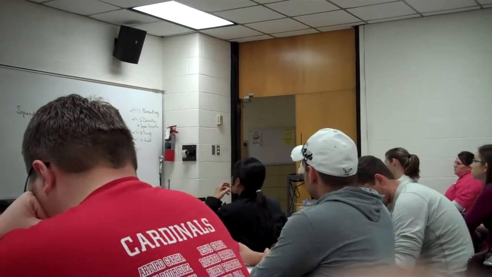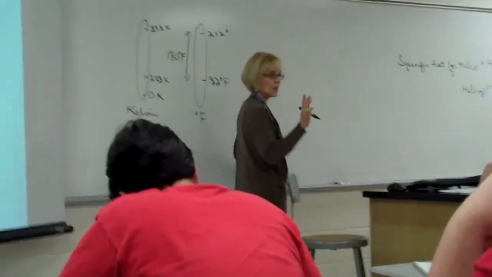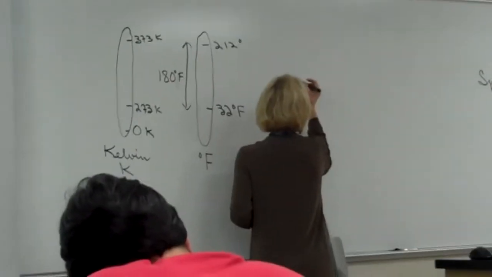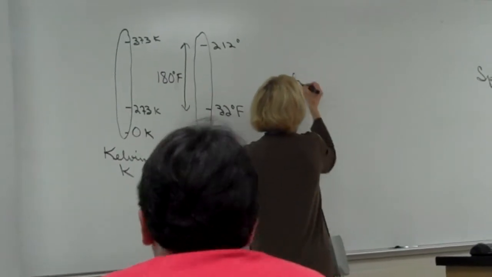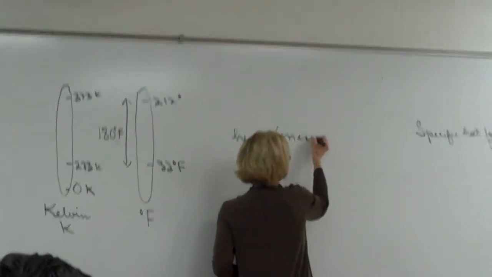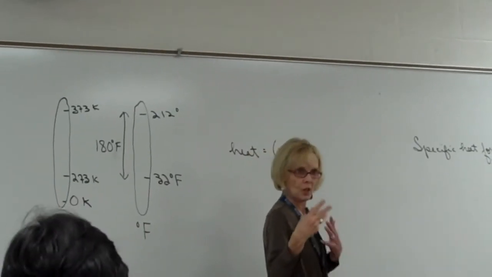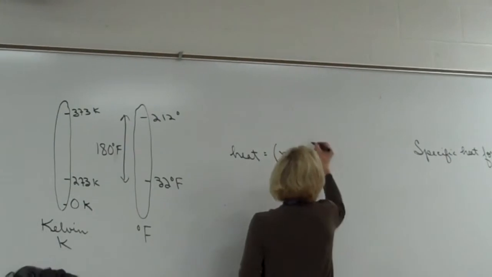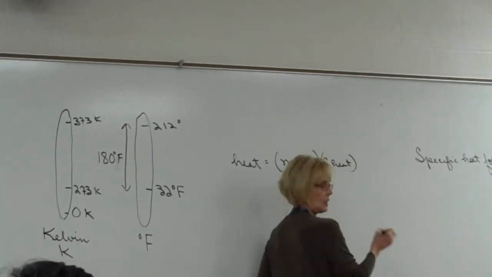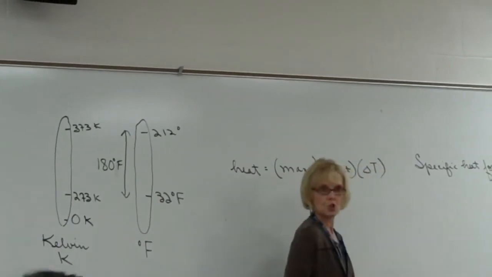Anytime you're doing a temperature change like this, here is your needed equation. Another card. Heat is equal to the mass of your substance. Doesn't it just make sense? The more you have, the more joules it takes to heat it, times this constant, the specific heat, times the change in the temperature.